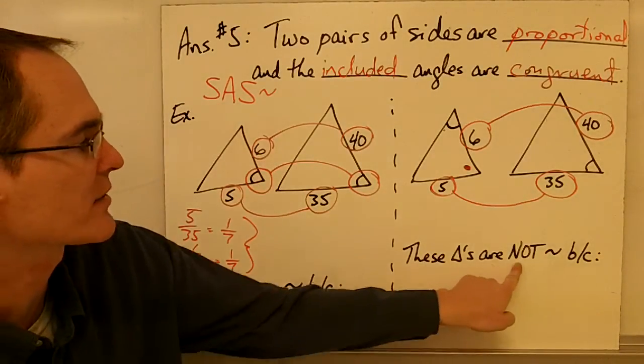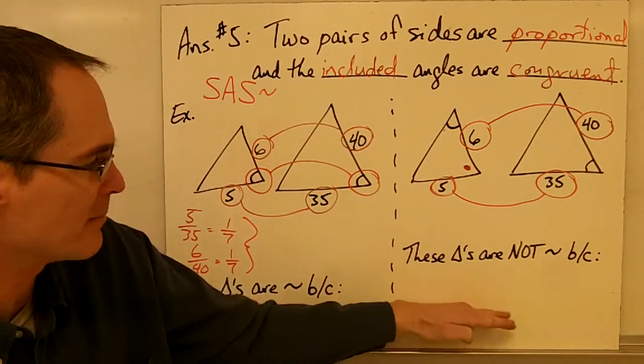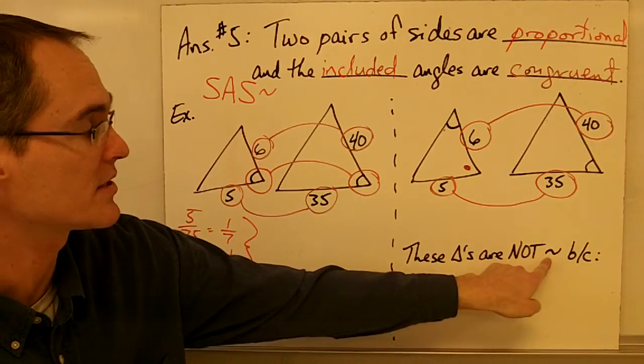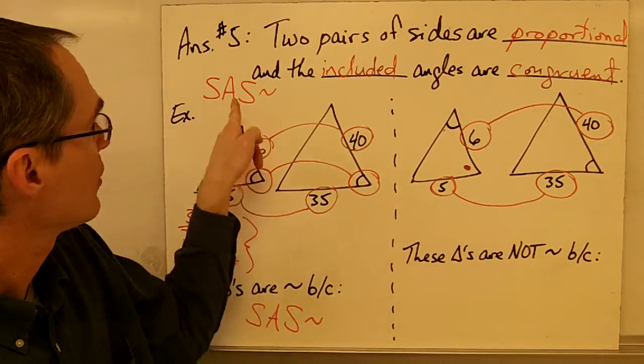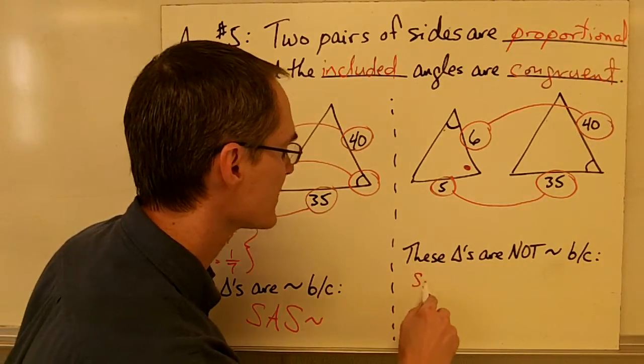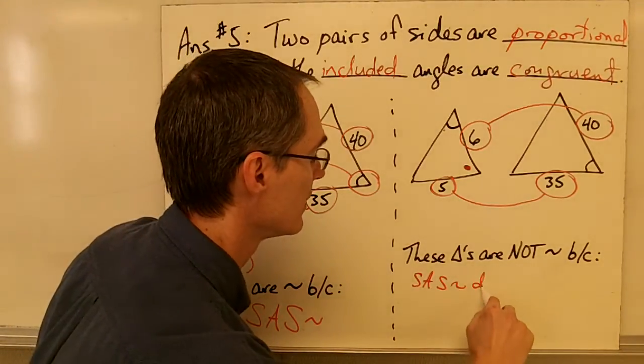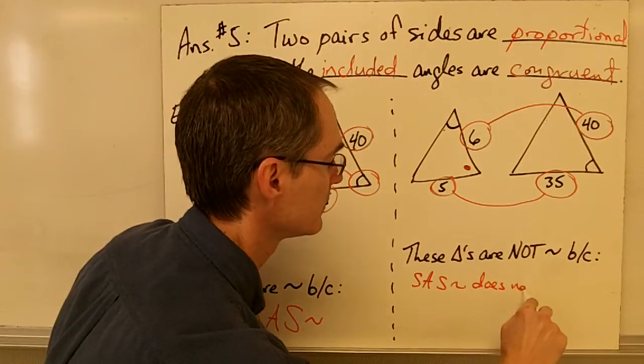So these triangles, I know, are not similar, and actually my answer here would be a little bit longer. These triangles are not similar because I can't use the side, angle, side similarity statement. So I would say side, angle, side similarity does not apply.